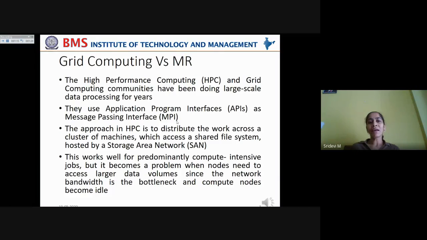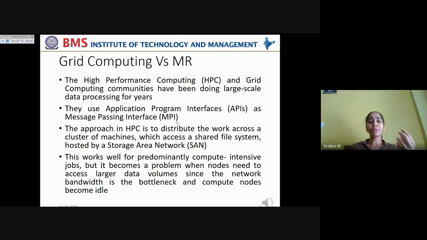We can say that grid computing has almost the same architecture as MapReduce. But what is the drawback that we confront with grid computing, and how has this been overcome by MapReduce? In grid computing, you can't read larger and larger volumes of data without facing network bottlenecks, right?